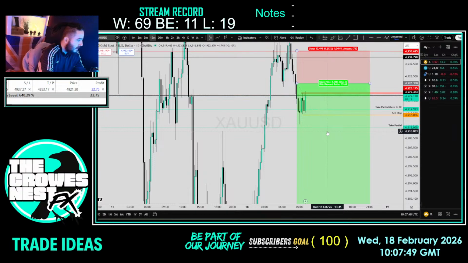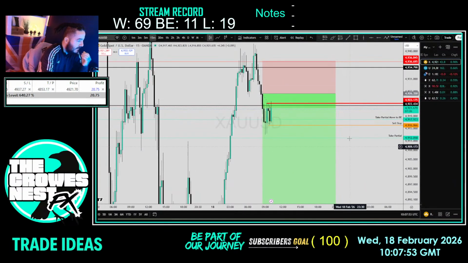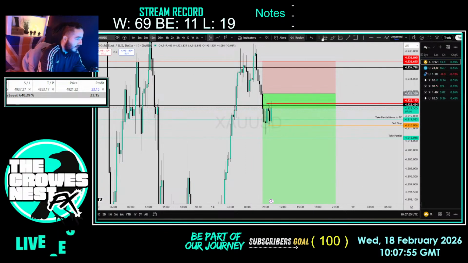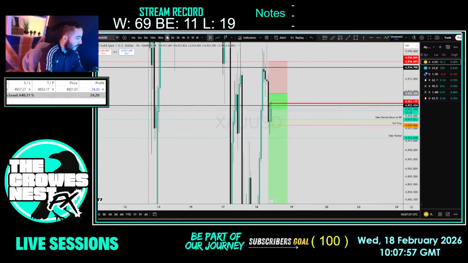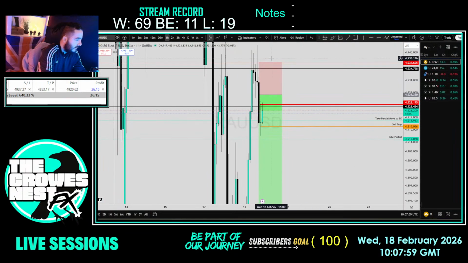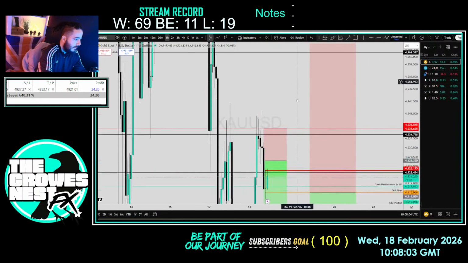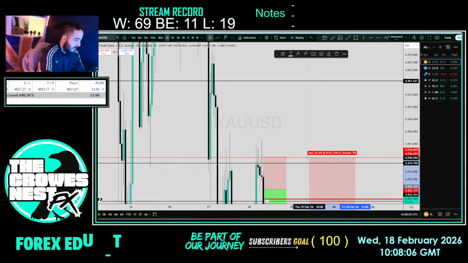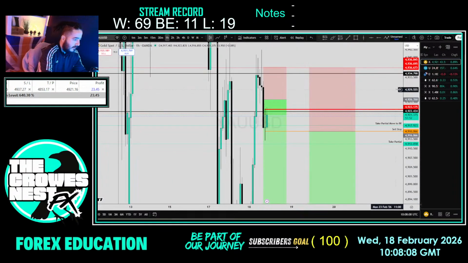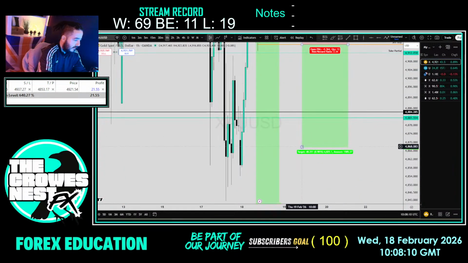It does look like a nice trade, to be fair. Yeah, I'm gonna have a sell stop underneath the 30. Where would my stops be? Stops would probably be the high again, but I'm gonna be holding this down, so I'm gonna have $100 risk on it.